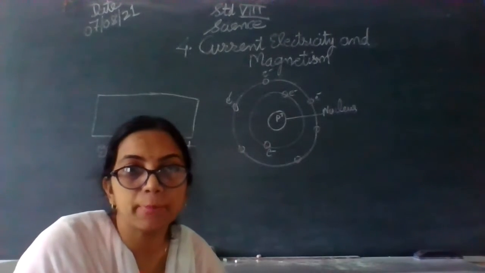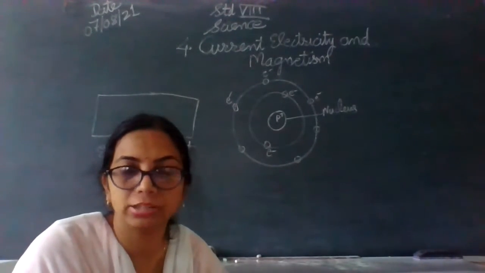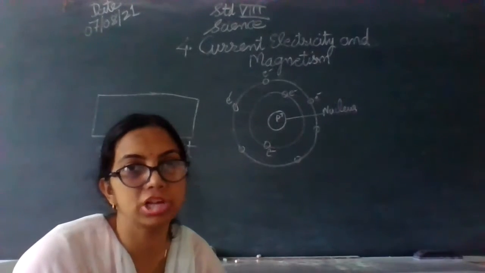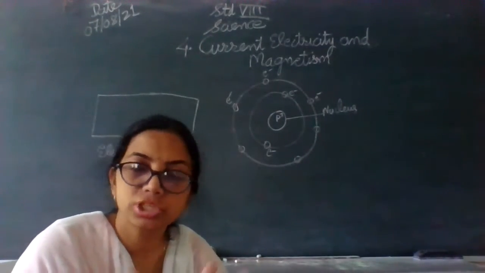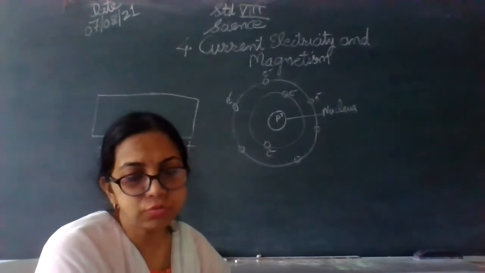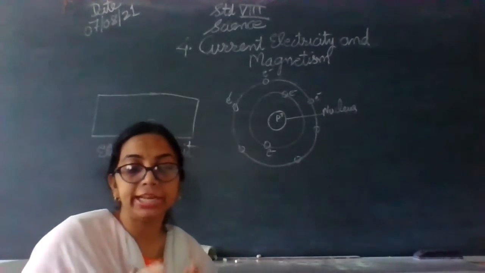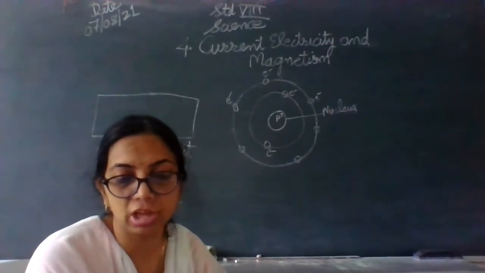The positively charged protons of an atom and the negatively charged electrons are equal in number. So they neutralize each other. Therefore, we can say that plenty of electrical charge is filled in the objects around us.